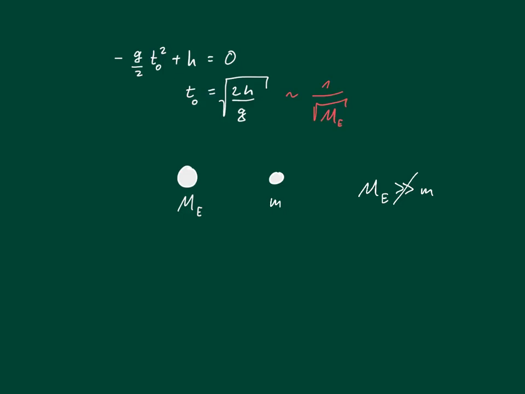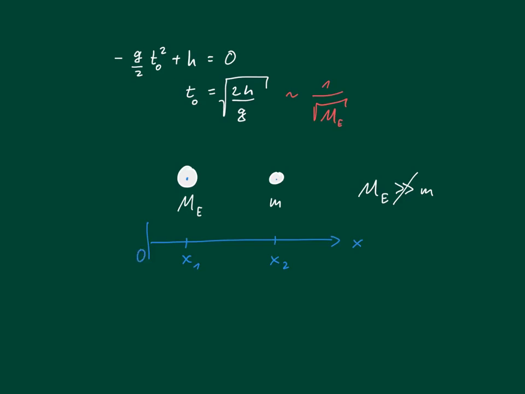So let's do the precise calculation, and let's put our coordinate system in this way. Here let's take an x-coordinate, and the center of the Earth, let's assume it to be a sphere, is at the position x1, and the mass m has the position x2, with the center of the coordinate being here.